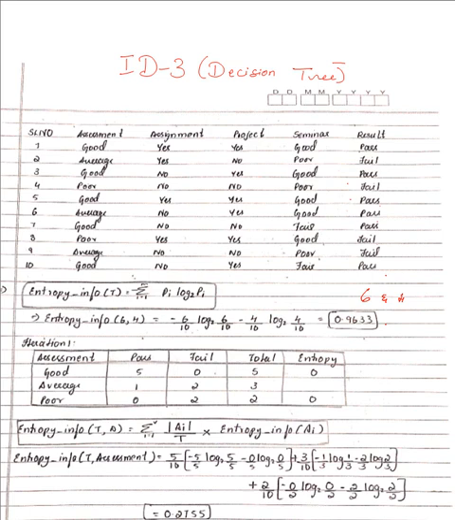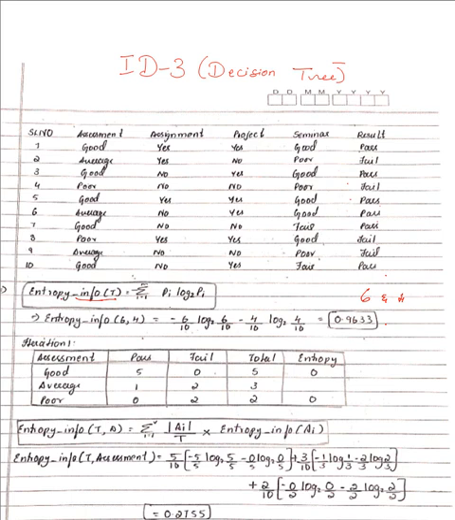So the first step in ID3 is to compute the entropy information. The entropy of the entire tree for the sample data set, totally 10 samples given to us, is equal to minus pi log pi.